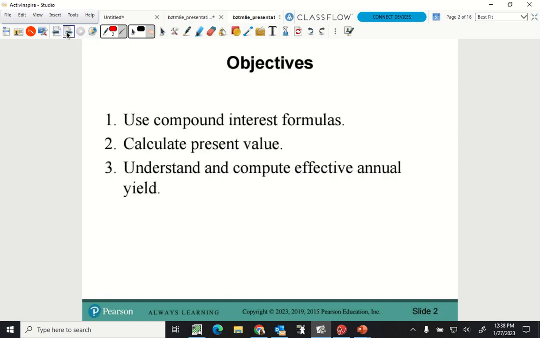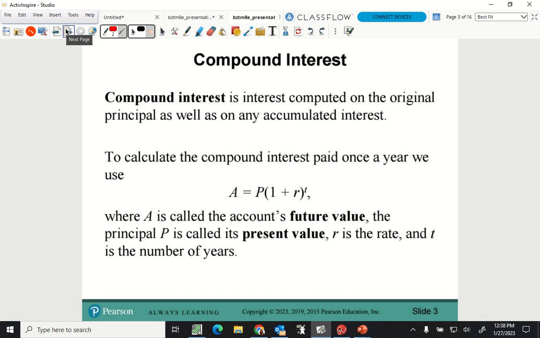Compound interest. Use compound interest formulas to calculate. Compound interest is interest computed on the original principal as well as any accumulated interest. To calculate compound interest paid once a year, we use this formula right here.